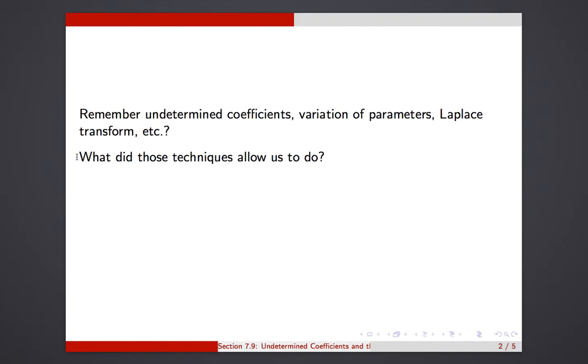In particular, what I want you to remember and to tell me is, why do we have these techniques to begin with? What are these techniques doing for us? Why did we study them? And hopefully you would come up with the following answer. Because we were solving non-homogeneous linear differential equations. That's what these techniques allowed us to do.